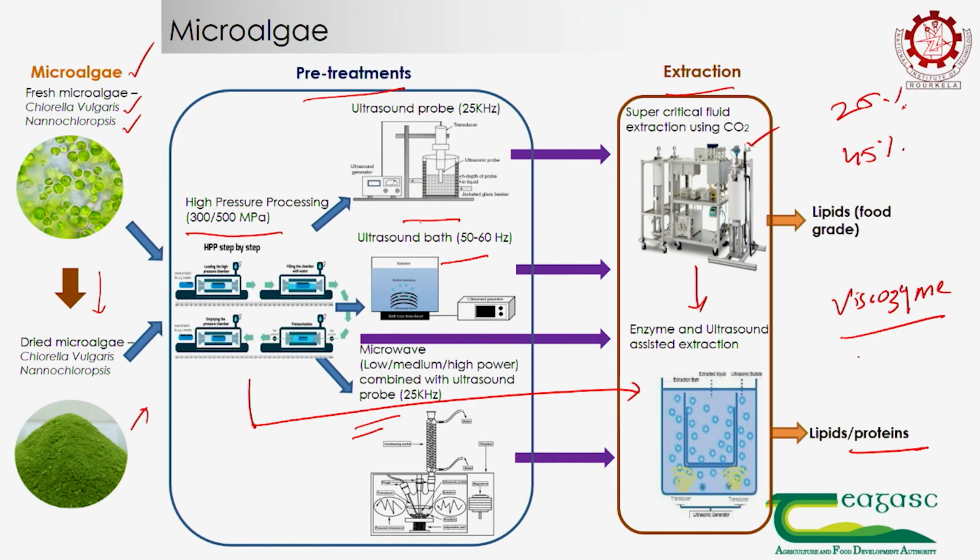So, a simple membrane system can remove the protein from the sugar suspension to concentrate it. Or else you give just ultrasonic treatment or microwave treatment to dislodge the cell, that is, to disrupt the cell, and then use enzyme and then separate the fractions. So, there are a number of different combinations.